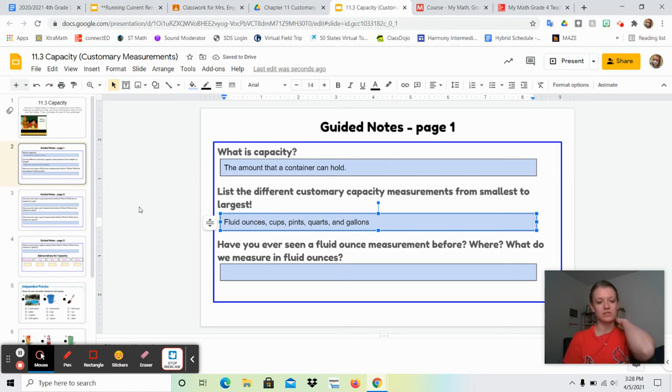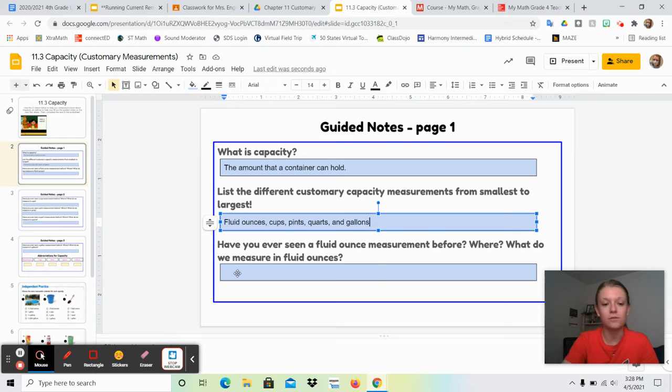Those should all sound pretty familiar to us for the most part. So go ahead and get that down. That's from the smallest measurement, kind of like inches compared to miles. Fluid ounces is a very small measurement of liquid. Cups, a little bit bigger, pints, quarts, and then gallons is our largest measurement that we have for liquid.